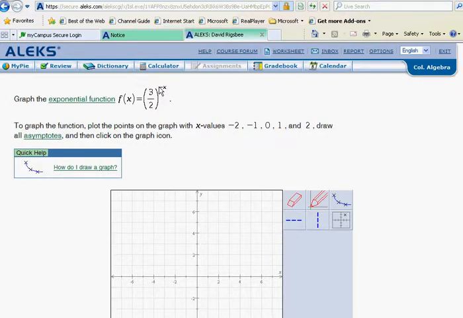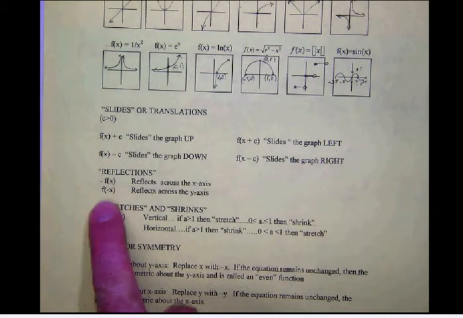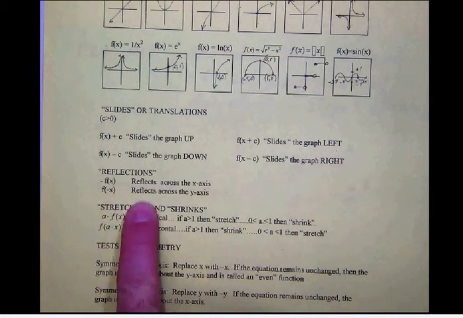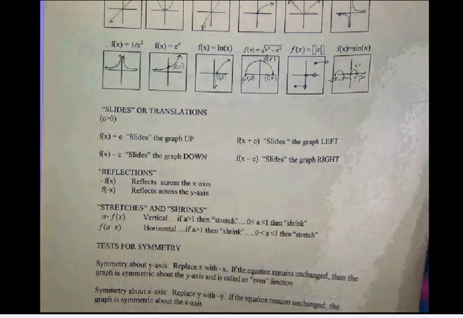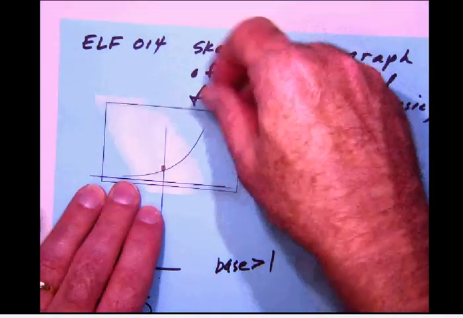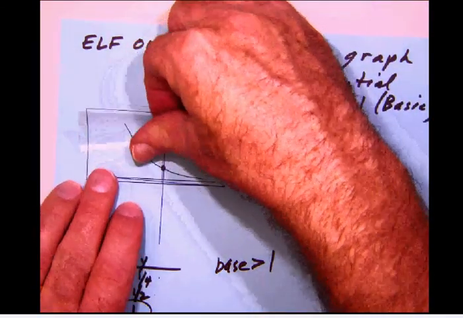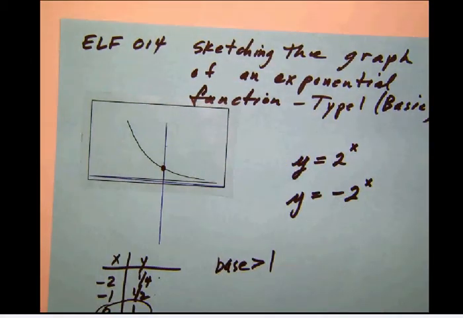What we're looking at here is going to be f of negative x. What that's going to do is reflect our graph across the y-axis. So basically we're going to pick up our piece of plastic and flip it over this way. So the graph that we're going to make looks about like that. Okay, so we know about what it's going to look like.